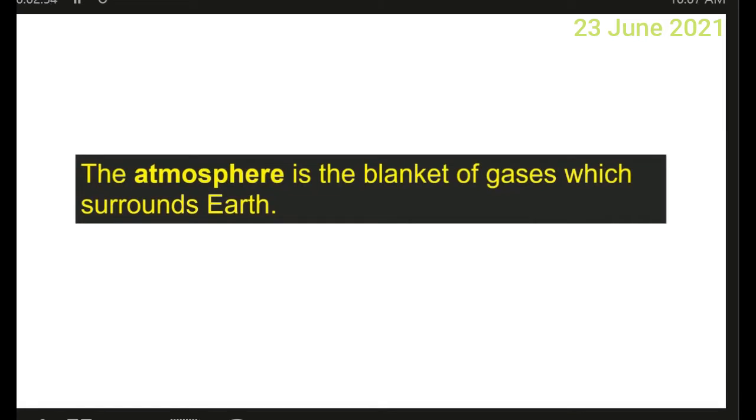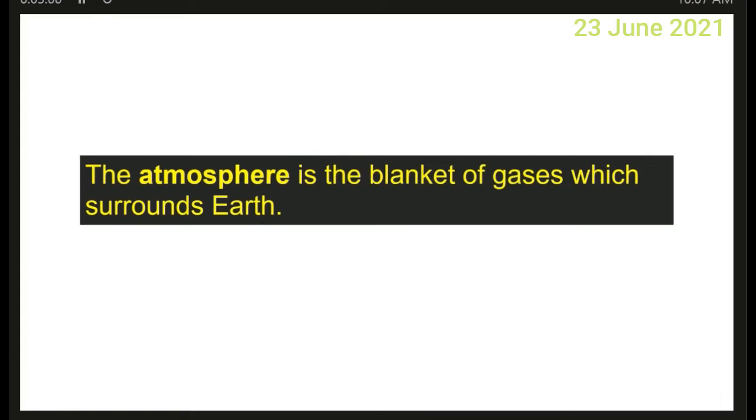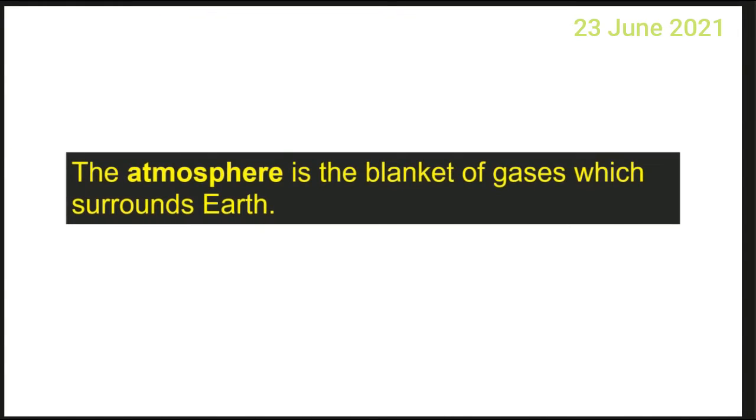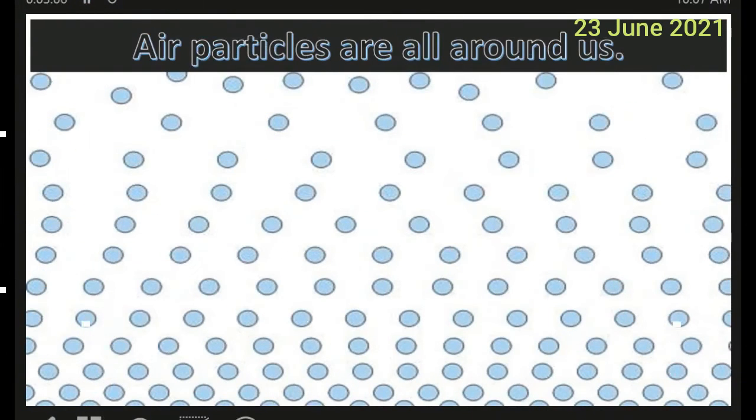Now visualize the atmosphere in terms of air particles, and it may appear like this. Air particles all around us. And if you imagine air particles in terms of air columns in the atmosphere, we can imagine it like this.